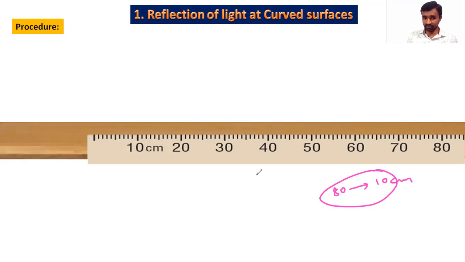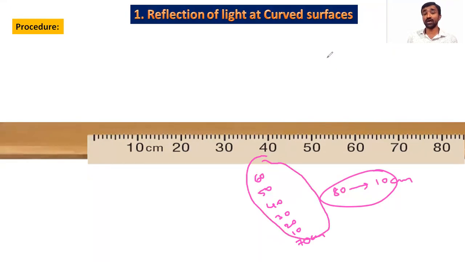So I am going to select the places. First I will start with 60 centimeters, then I will go for 50 centimeters, then 40 centimeters, 30 centimeters, 20 centimeters, 10 centimeters. After that, I'll go beyond that to 70 centimeters also. Right? So these are the positions I selected to put the object on the table.